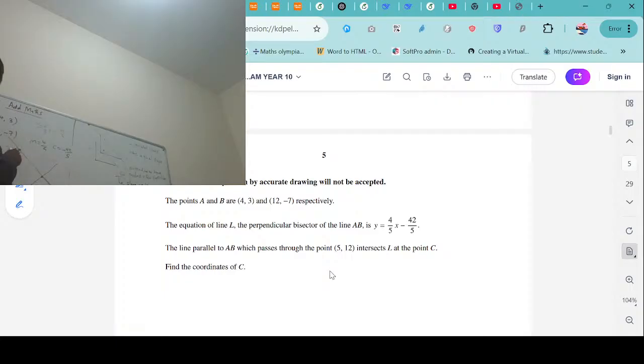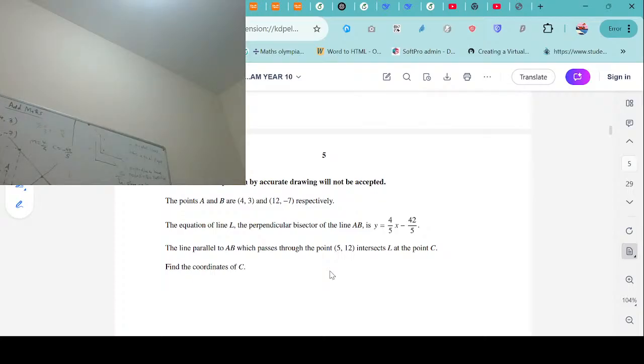Yes. So if this point lies on the line, it has to satisfy this equation. So when y is 12, what will be the value of x? x has to be 5, am I correct, for it to satisfy this equation. So times 5. Do you see the trick now?